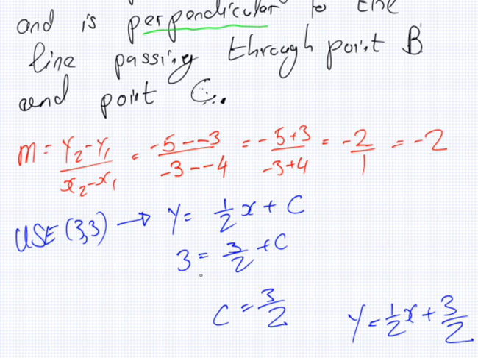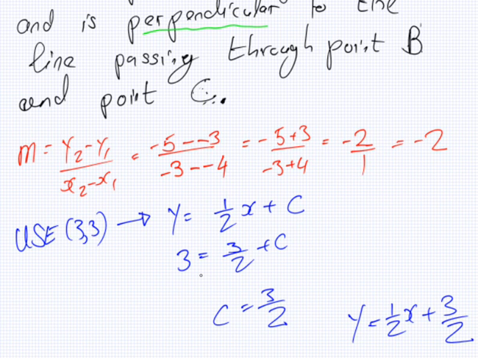So it equals minus 5 minus minus 3 over minus 3 minus minus 4. That's minus 5 plus 3 over minus 3 plus 4. What's that? Minus 2. So that's the slope here. So what is the slope of the line which is perpendicular? If this one is minus 2, then this one would be 1 over 2.